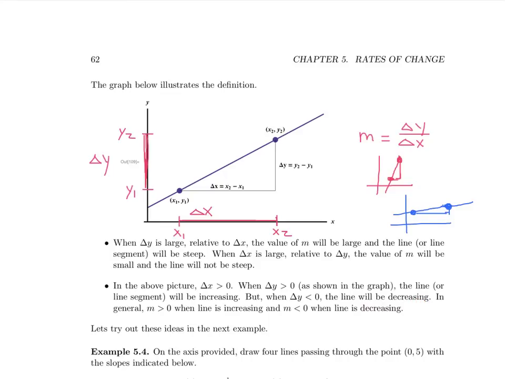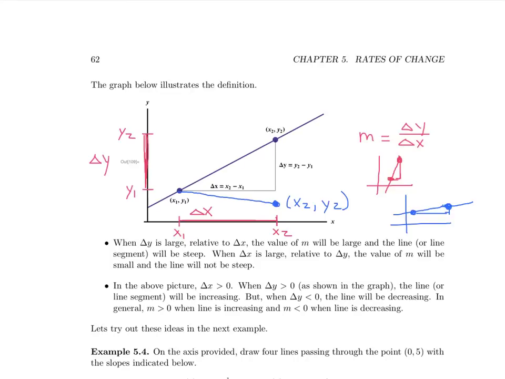So I'm going to mark a different point down here. So for a moment, ignore this point. Forget that we had that point. I'm going to mark a new location for x2, y2. Maybe it's right here. So let's imagine this is x2, y2 right here, and I'm going to make a new line segment connecting them.